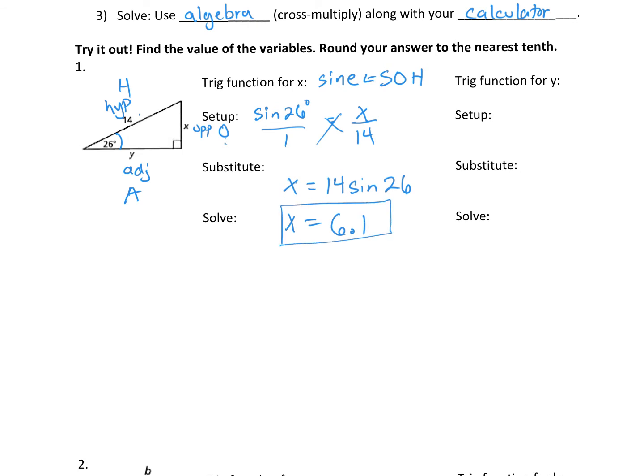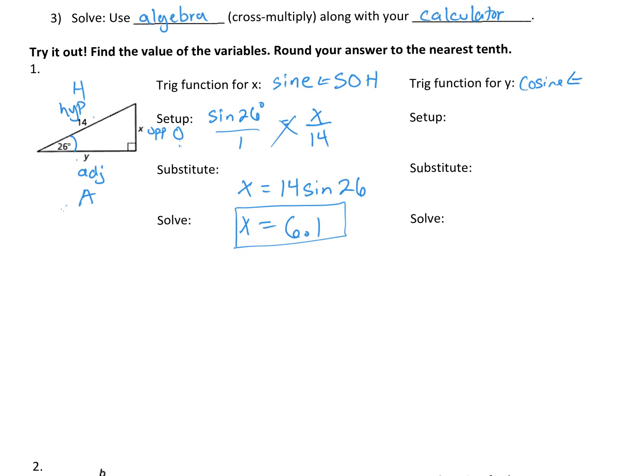Let's find y. Y is down here. Y is an adjacent, and I'm given my hypotenuse. So I want to use cosine, which is CAH, adjacent and hypotenuse. So let's set this up.